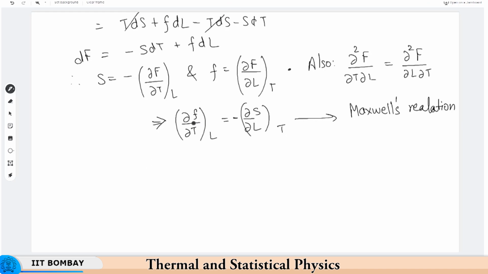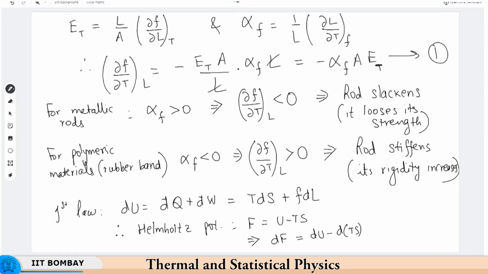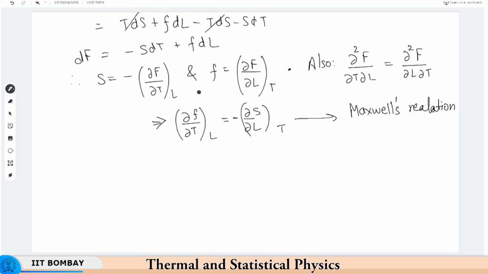Now that we have shown this, remember we saw in equation 1 that the partial derivative of force with respect to temperature at constant length is this thing. So I will substitute the left hand side from equation 1.